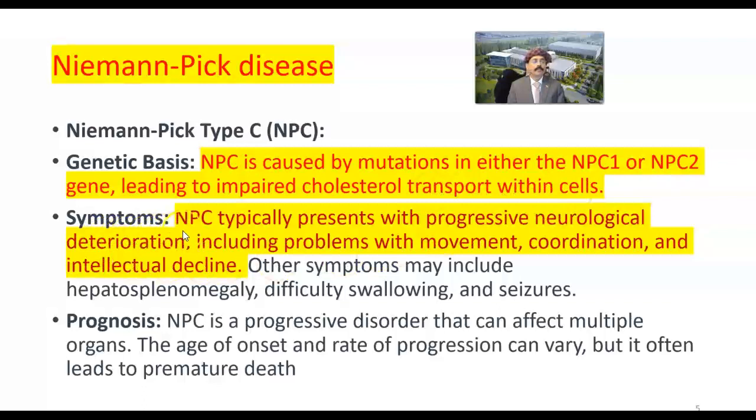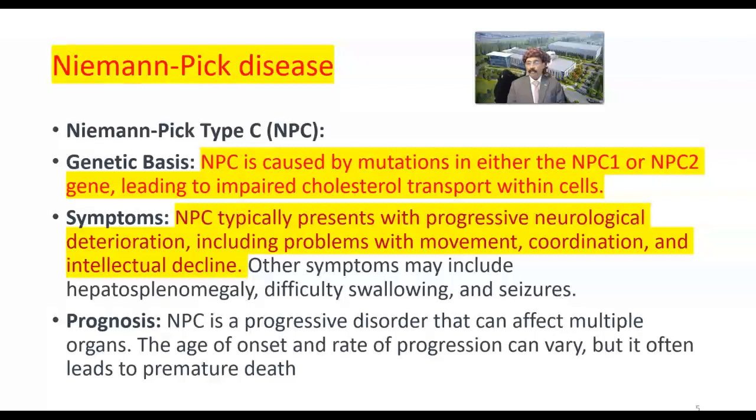Symptoms: Niemann-Pick C disease typically presents with progressive neurological deterioration, including problems with movement, coordination, and intellectual decline. Other symptoms may include hepatosplenomegaly, difficulty swallowing, and seizures. So it is a severe condition.